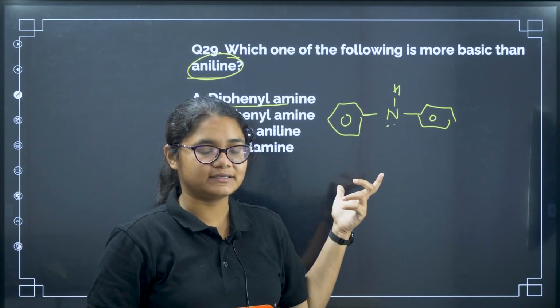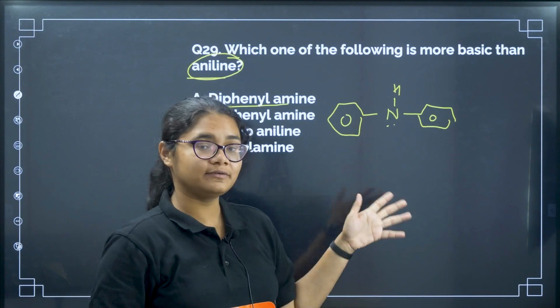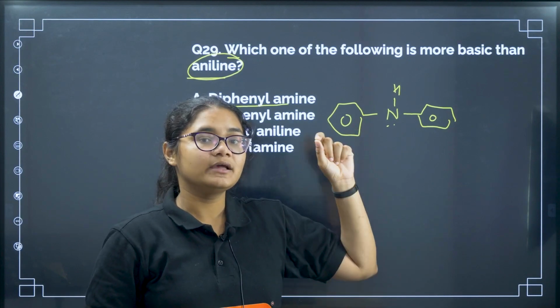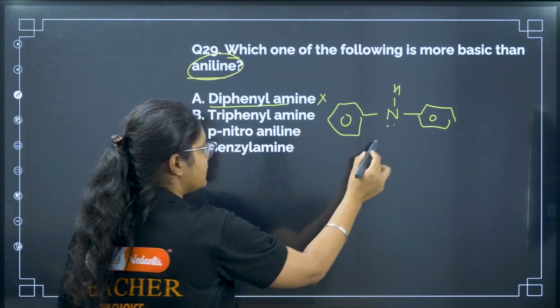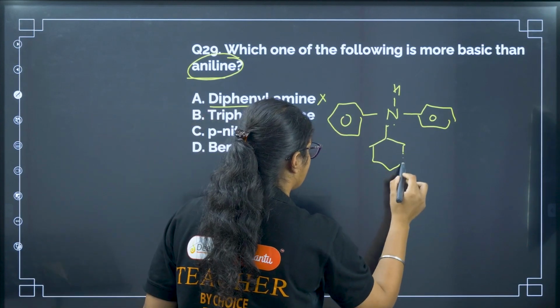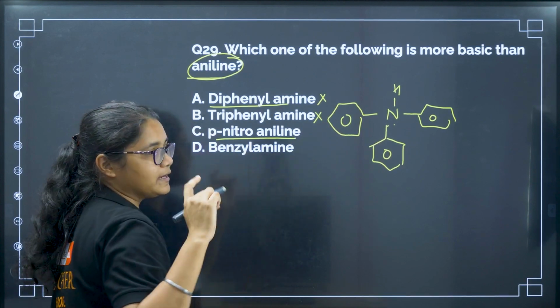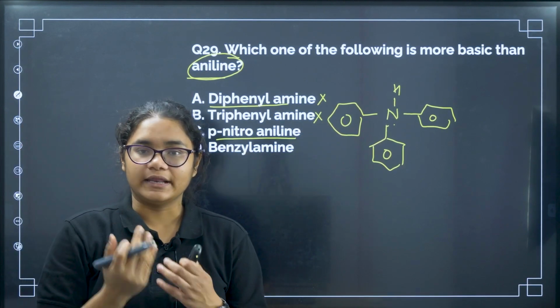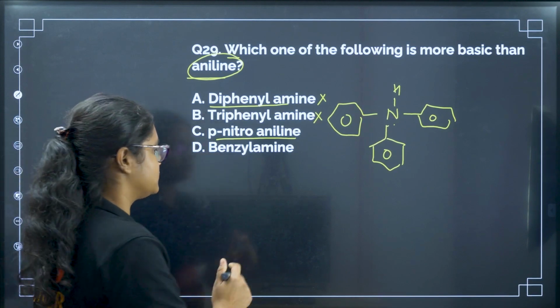Here there are two benzene rings, so the electron withdrawing power is more, so the electron density will be less. So this one will be less basic than aniline. So this one cannot be the answer. Triphenylamine also will be further less basic, so this one will also be wrong. Para-nitroaniline, nitro is an electron withdrawing group, so it will also reduce the electron density, so this one is also not possible.